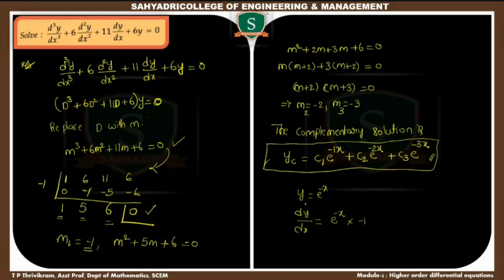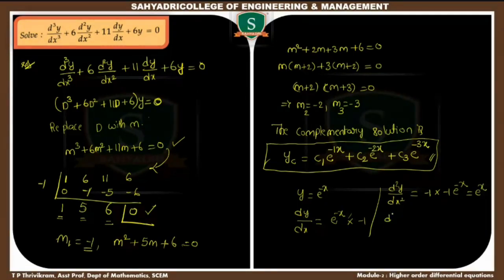This is the derivative of y. Similarly, d square y by dx square. Again, you have to differentiate. Minus 1 already is there into the derivative of e power minus x, which is again minus 1 into e power minus x. So that is nothing but e power minus x you'll get.